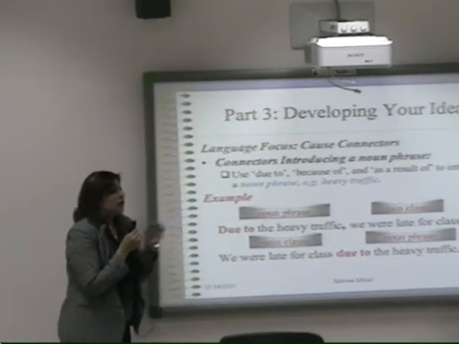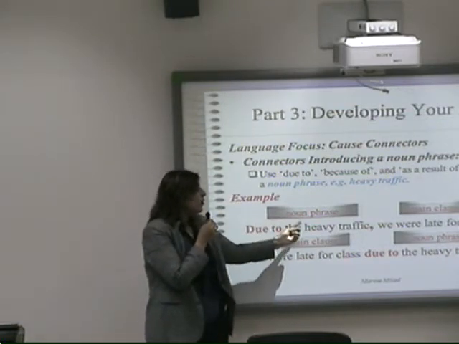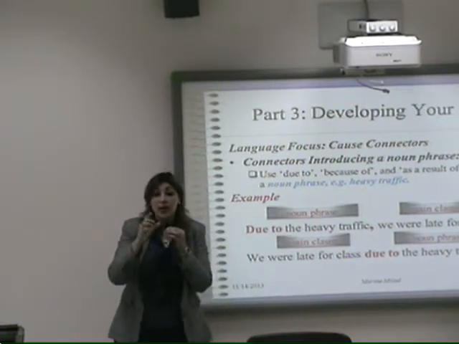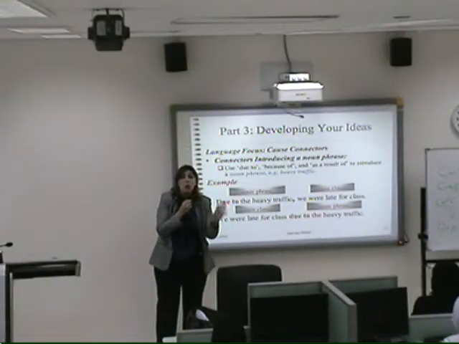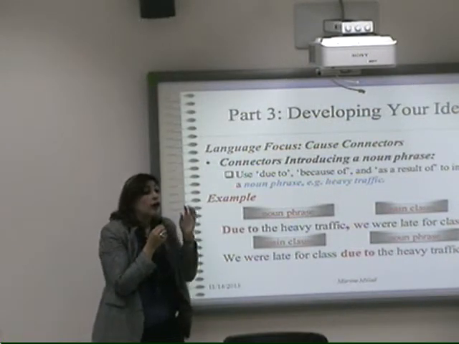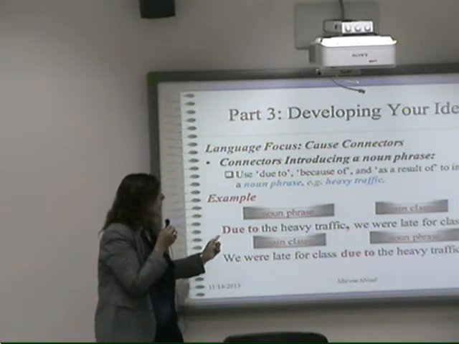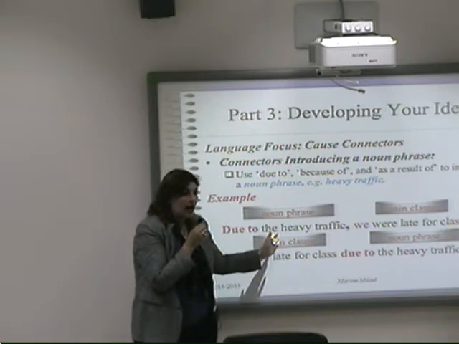But here, we need to notice that "due to" is followed by a noun phrase, not a dependent clause. Instead of saying "because the traffic was heavy," if you want to write a sentence about cause and effect using "due to," it has to be followed by a noun phrase.